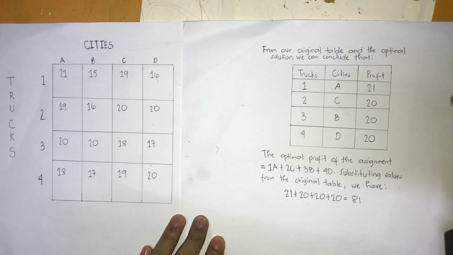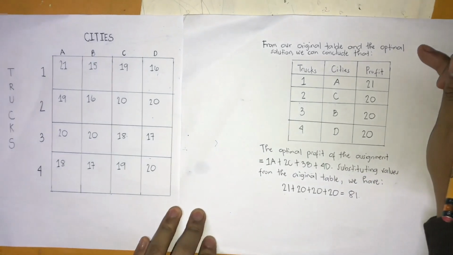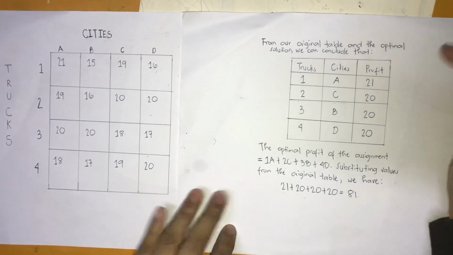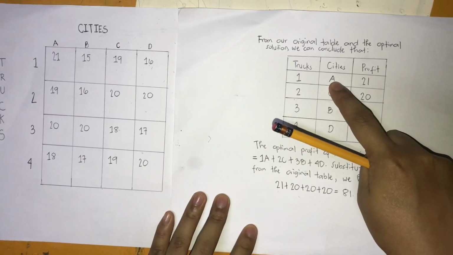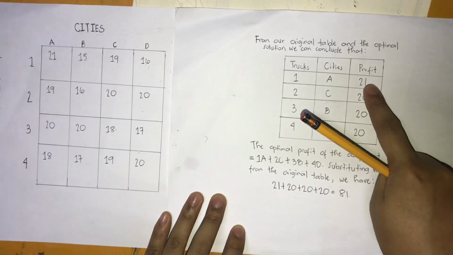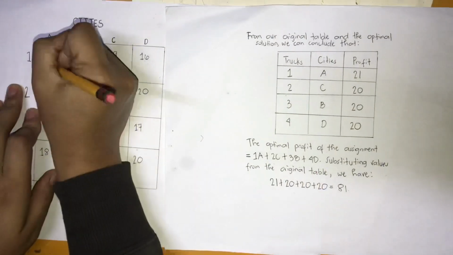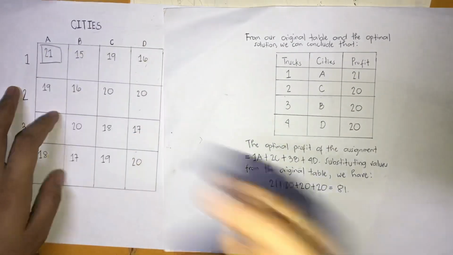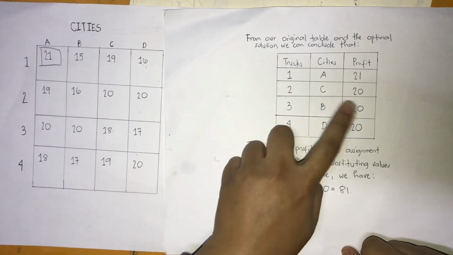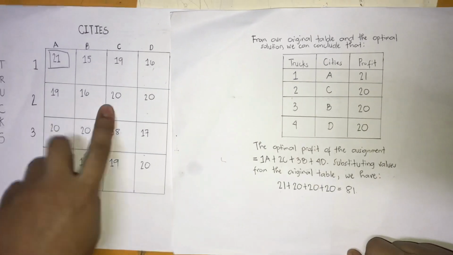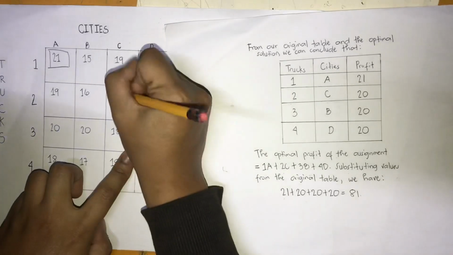From our original table and the optimal solution, we can conclude that truck 1 mas daghan siya halin sa city A which is equals to 21. Si truck 2 mas daghan siya halin sa city C which is equals to 20, and 2C is 20.